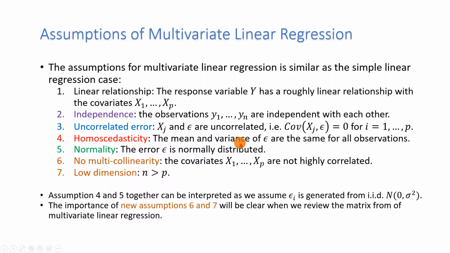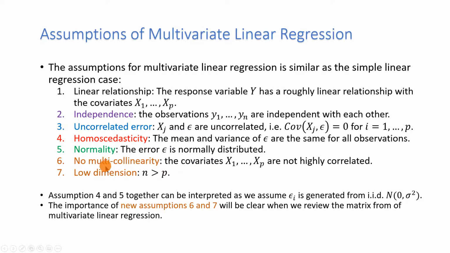Okay. And the last one is we need to have the so-called low dimension assumption for multivariate linear regression, which requires your sample size n to be greater than your dimensionality p, which is the number of covariates you impose in this linear model.